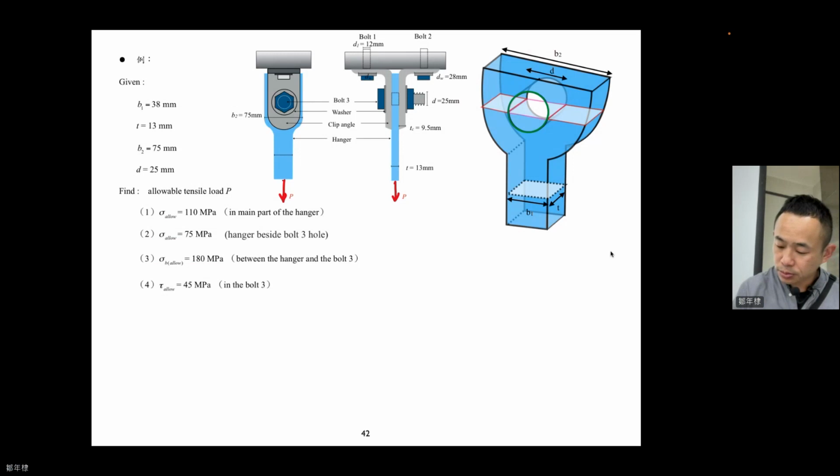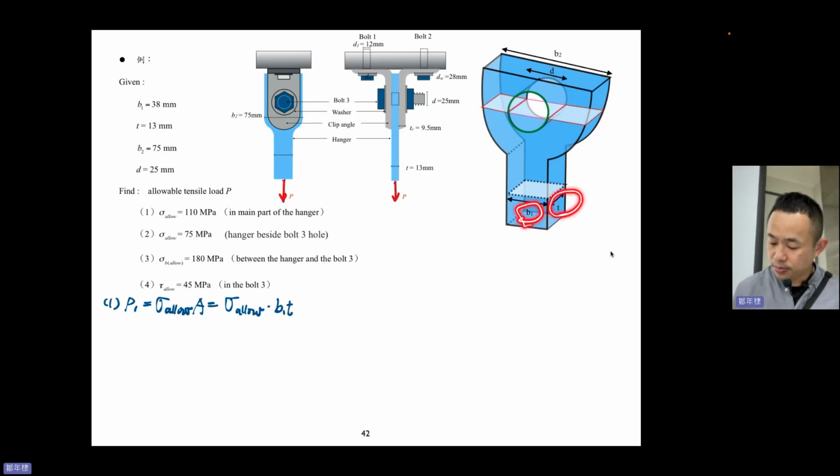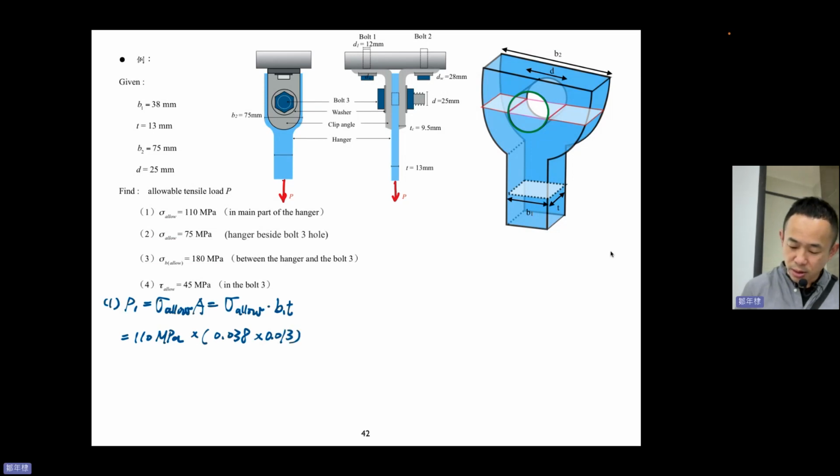So P1 equals sigma allowable times the corresponding area, B1 T. So your force is down, and sigma equals P divided by A. So B1 T and 110, 0.03, 113, 54.3 kN.